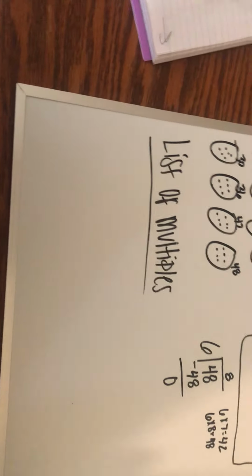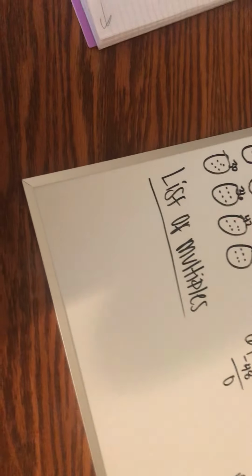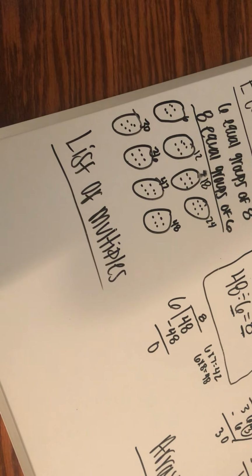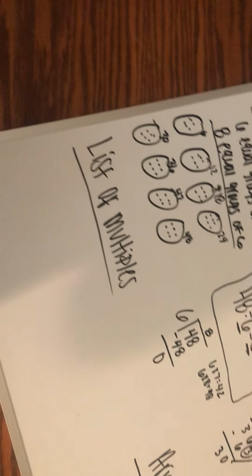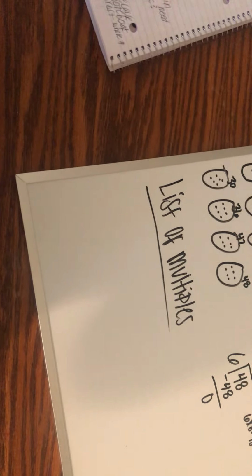See that? Perfect. Now, if I look at my multiples, that's what it wants us to look at next, multiples. Now, remember, a multiple is just a fancy way of saying it wants you to take a number and multiply it by another integer or another number.